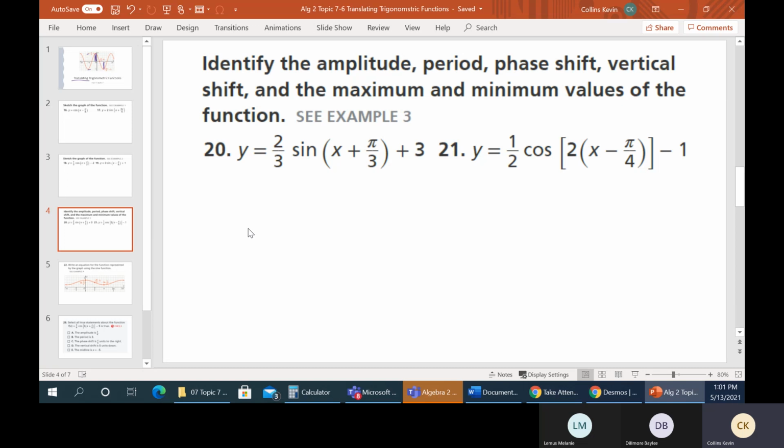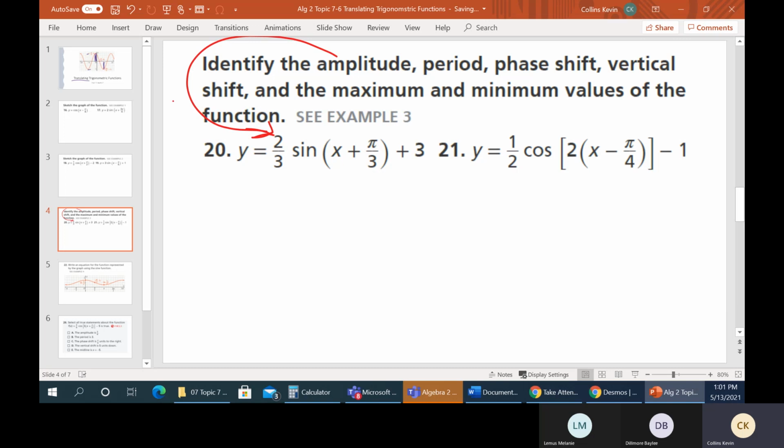So what's our amplitude here? Yeah, 2/3. It's that easy. It is that easy. So again, we said the amplitude in this case is 2/3, right?